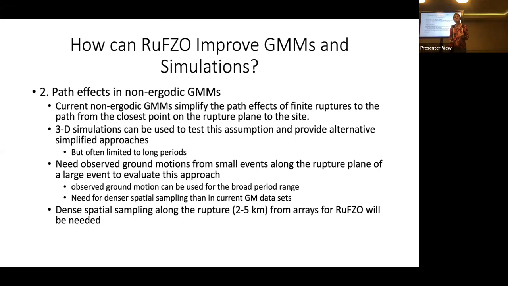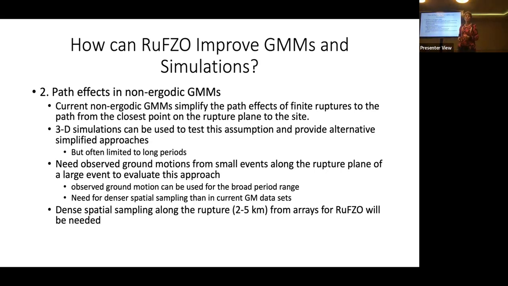We can use 3D simulations to test how well that assumption works and provide alternative models that might work better. Are there better ways that we can represent the path from the rupture to the observation point?